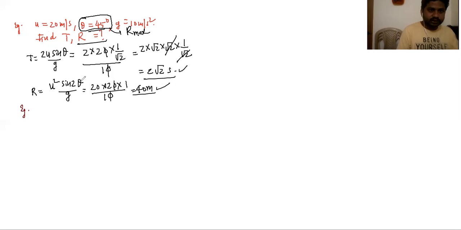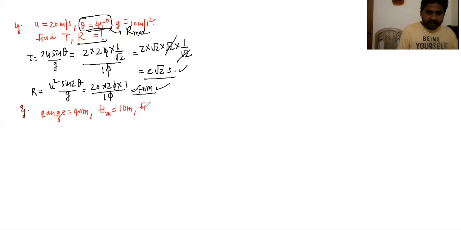Okay. Next numerical, let us check. Here, a projectile has a range, so the given range is equal to 40 meters, and reaches a maximum height. They have clearly given the maximum height as 10 meters.